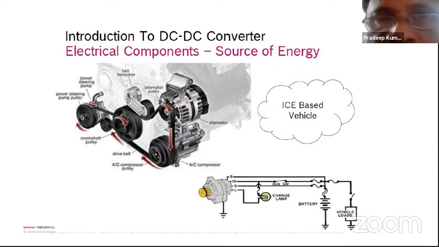We have very few components, very few moving parts, and naturally the overall system needs very little maintenance, and whatever maintenance is required is minimal. So it is definitely a value add for the end user.